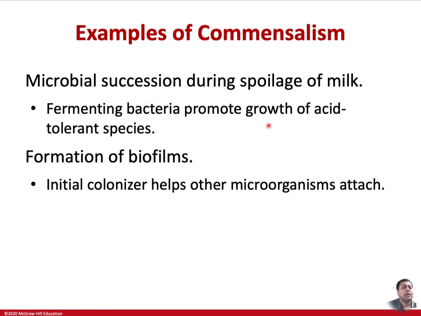This is also true to some extent of how these fermenting species help in producing, say, buttermilk or yogurt. In yogurt production, these fermenting bacteria promote these acid-tolerant species, which are beneficial bacteria.